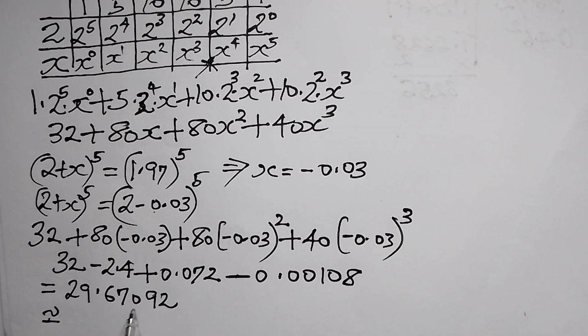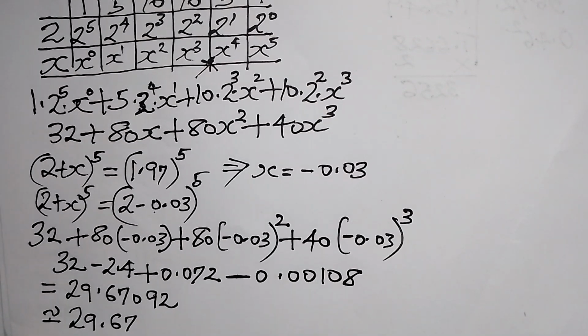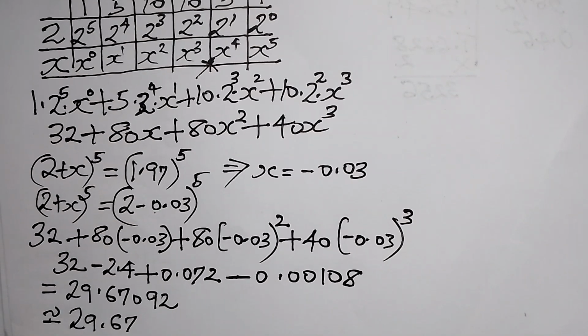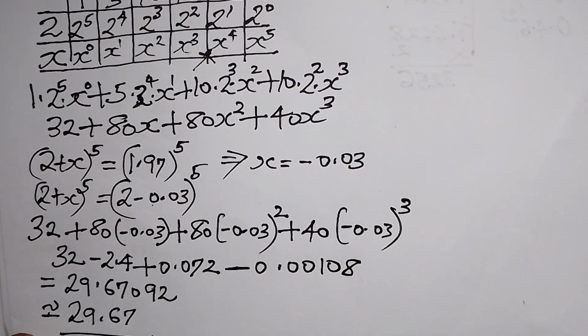These are the digits I'm referring to. The fifth digit is less than 5, so we give our answer as approximately equal to 29.67. So with that, you can easily score the accuracy mark.